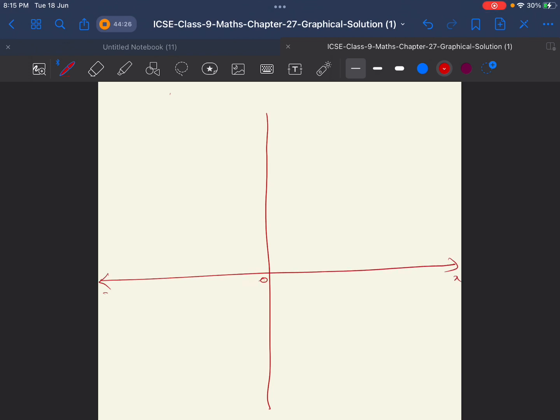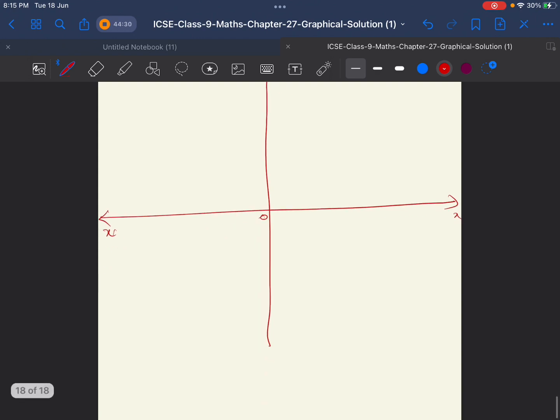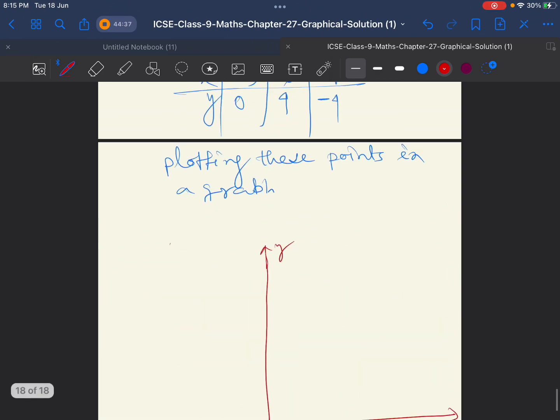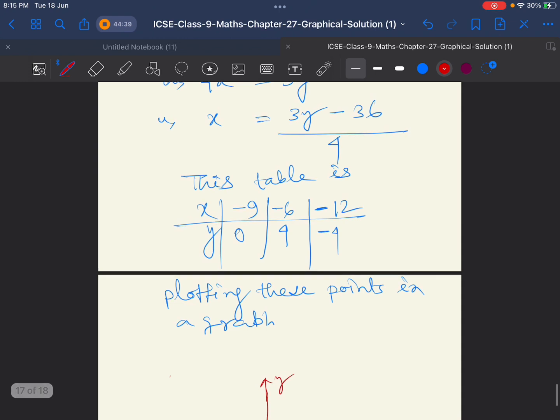Okay, this is there. X O X dash and this is Y O Y dash.